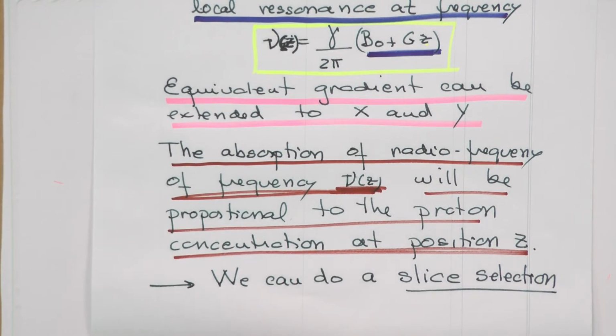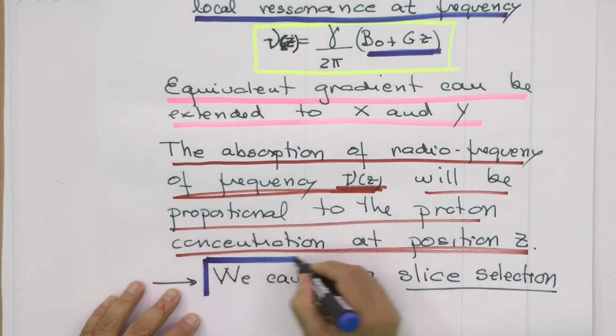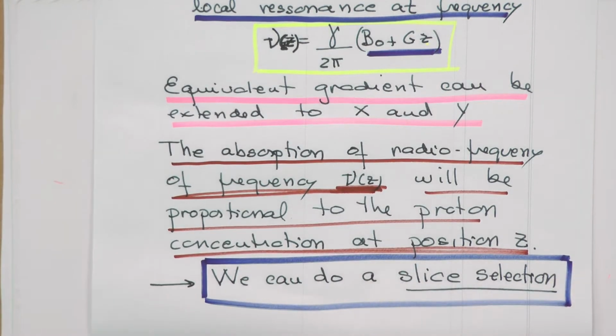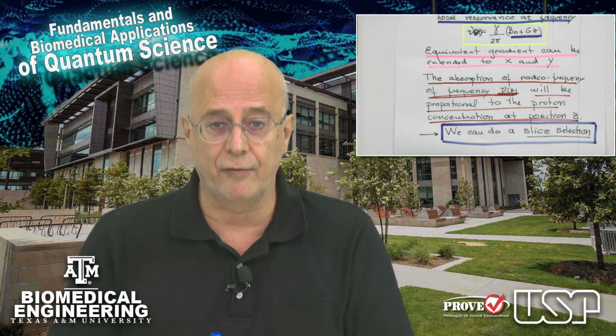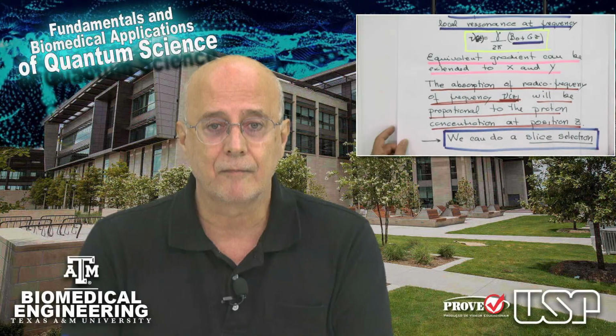And that's what I'm going to do here. I'm going to slice the space in many slices by selecting different gradients in different directions and by varying the frequency of my radio frequency. And therefore, I will be able to have a three-dimensional map.